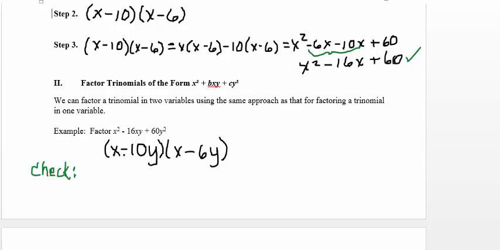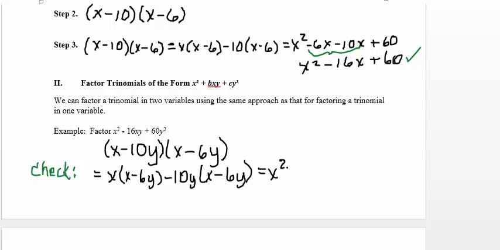So when we check it by multiplying, we use the distributive property twice. X times x minus 6y minus 10y times x minus 6y gives me x squared minus 6xy minus 10xy plus 60y squared.